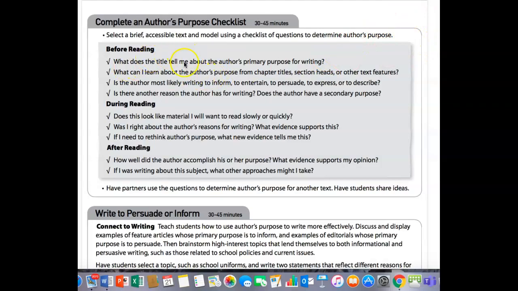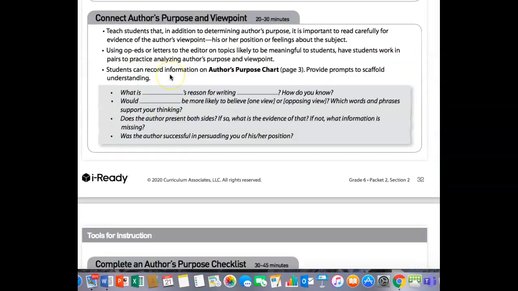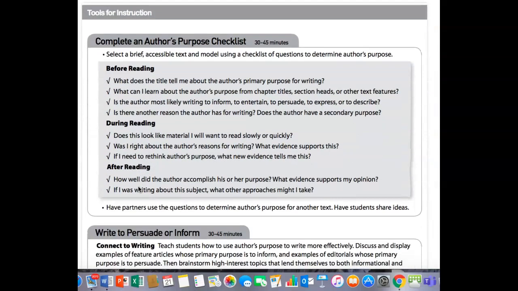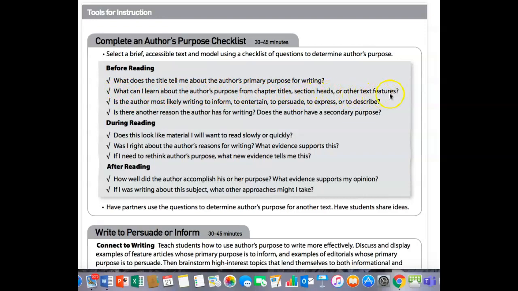If it's a story, a realistic fiction type of story, then that would be to entertain, okay? So go back and look at these reasons, whether it's to inform, entertain, persuade, or describe, for the leveled reader you have. What can I learn about the author's purpose from chapter titles, section heads, or other text features? You can go ahead and open it.